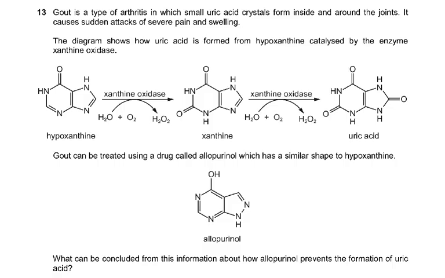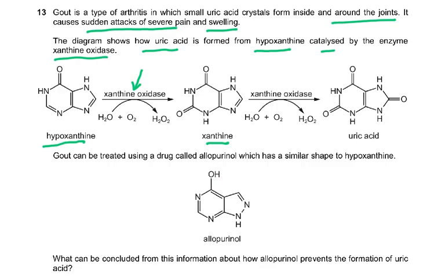Gout is a type of arthritis in which small uric acid crystals form inside and around the joints. It causes sudden attacks of severe pain and swelling. The diagram shows how uric acid is formed from hypoxanthine, catalyzed by the enzyme xanthine oxidase. So we've got hypoxanthine and then xanthine, and the enzyme is xanthine oxidase.